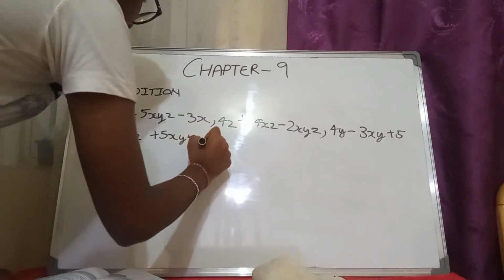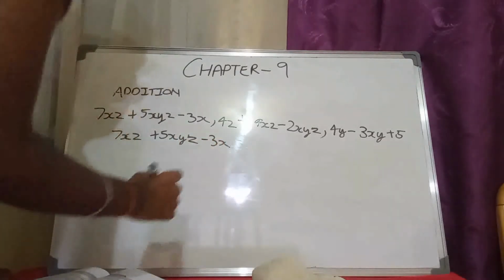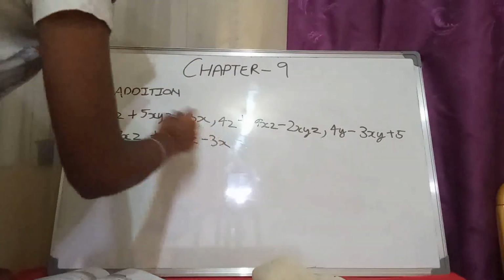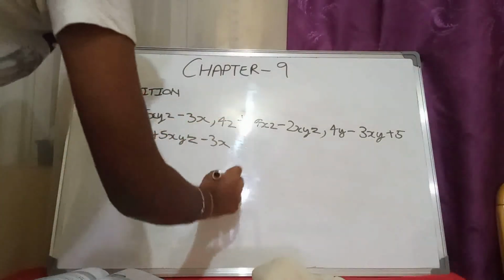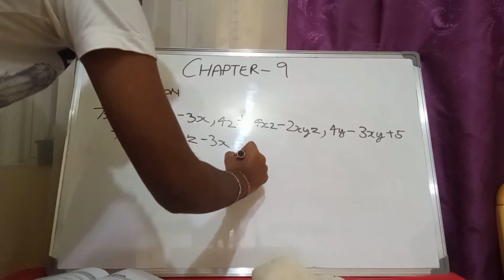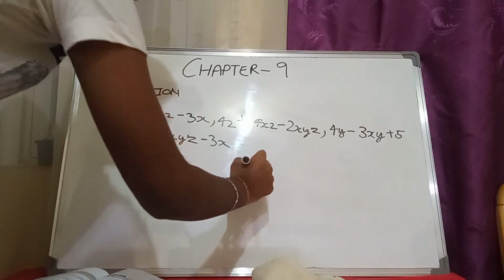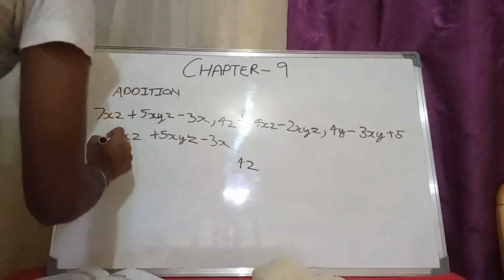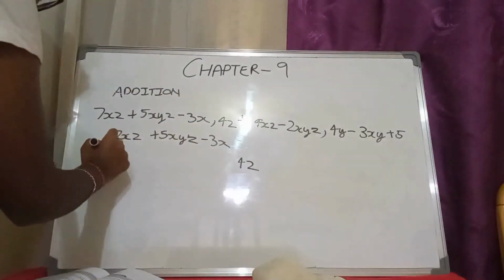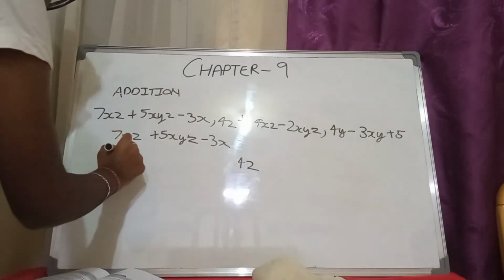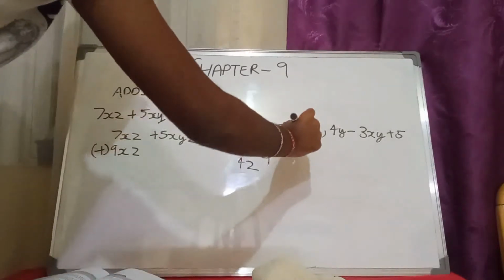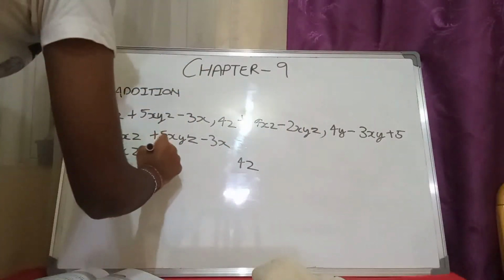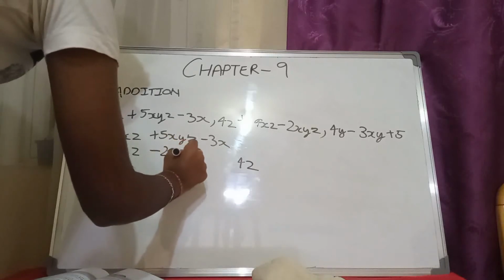5xyz minus 3x. Now we'll find 4z. We have to find like terms, but 4z doesn't have any like terms, so we will write it here, 4z. Then 9xz, we have its like term here, so it will be 9xz, and minus 2xyz.